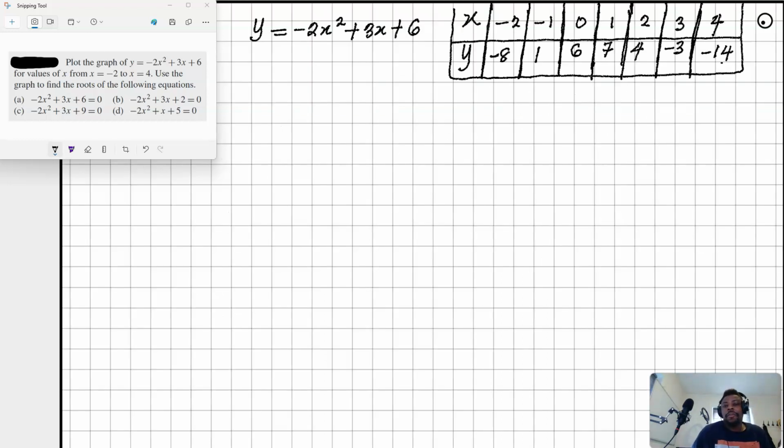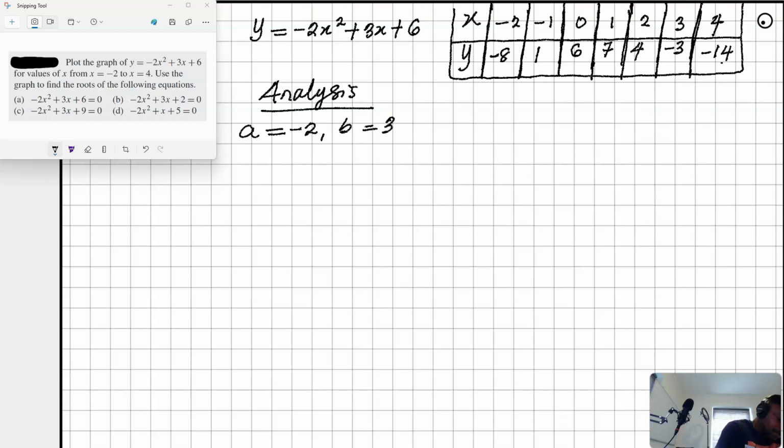So now before plotting our graph, let's make an analysis of the function. Analysis simply means, okay, what is my a here? My a is minus 2. What is my b? My b is 3. And what is my c? My c is 6.